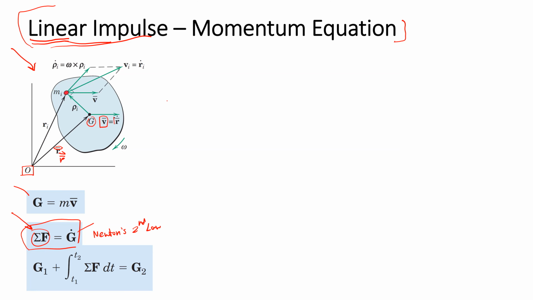At the center of gravity, we have the velocity vector, and the rigid body also rotates with omega.